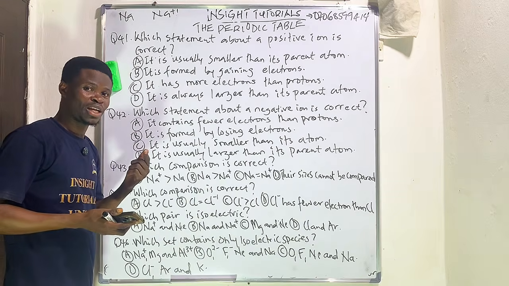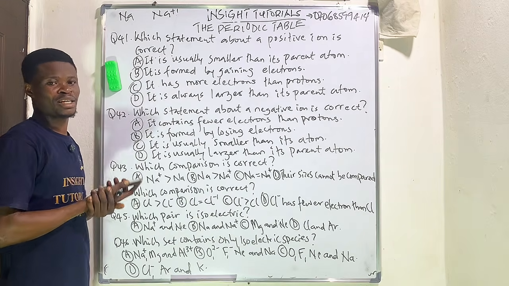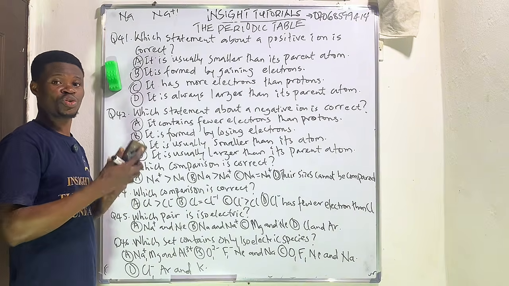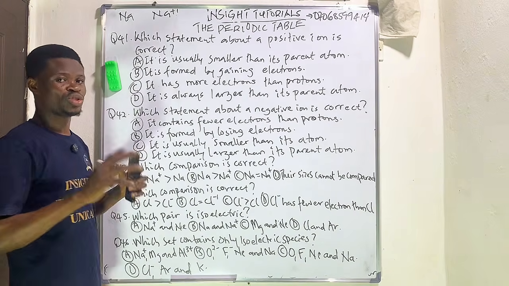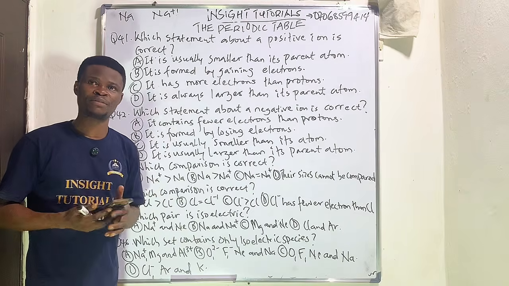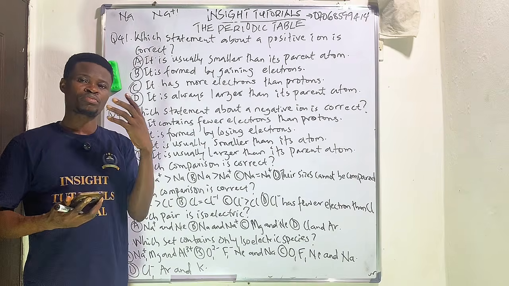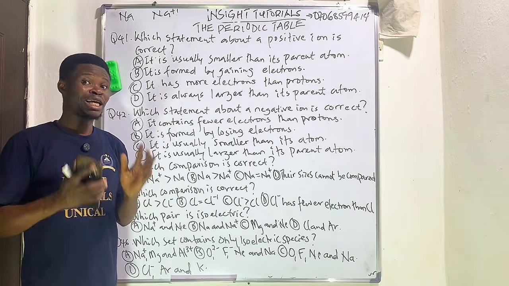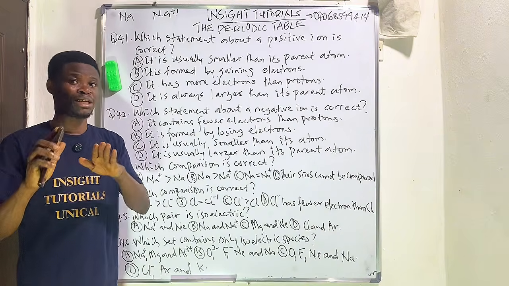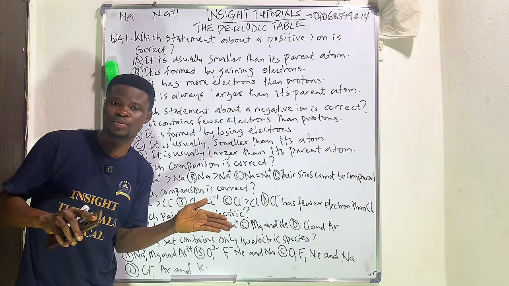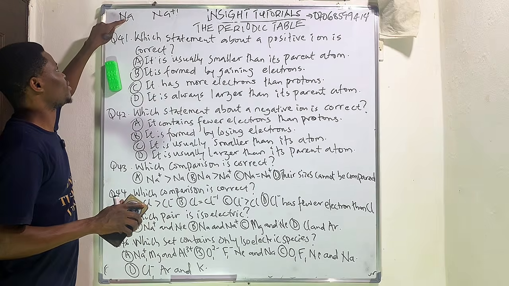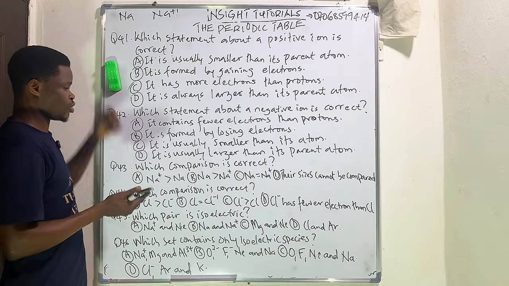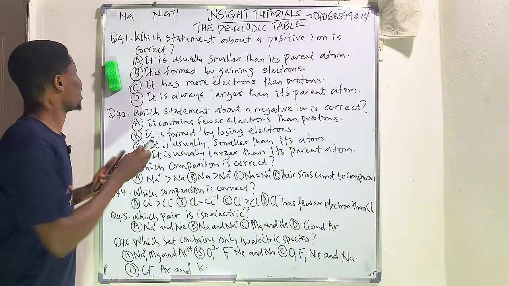And if it loses one electron, it's going to reduce in its atomic radius. So generally, elements that are electropositive, in their ion form, they tend to be smaller compared to their atom.